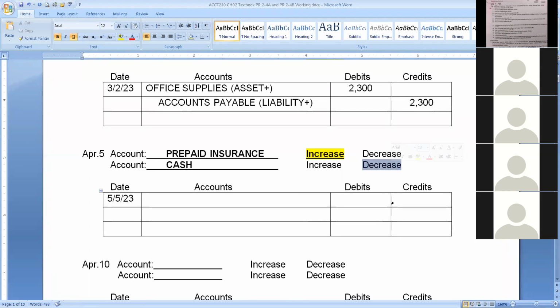Yep, we paid the insurance. I keep doing that. I have to do the bold and underline first. Okay, so this prepaid insurance is going to be an asset. You pay ahead of time, it has a future value: you're going to get this insurance coverage going into the future. Or if you cancel the insurance policy, you get your money back.